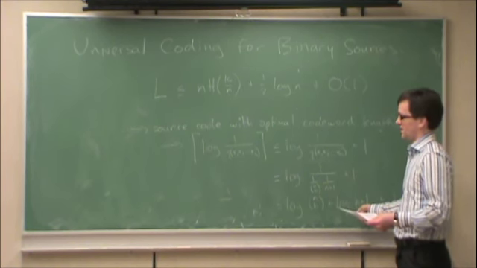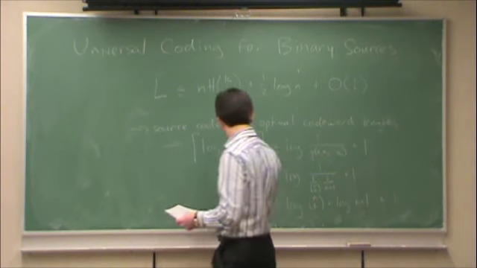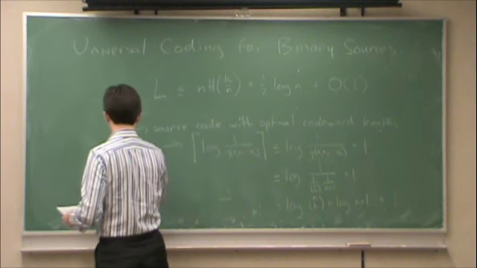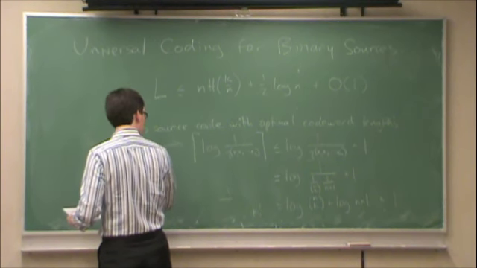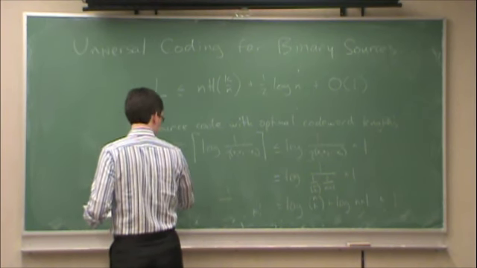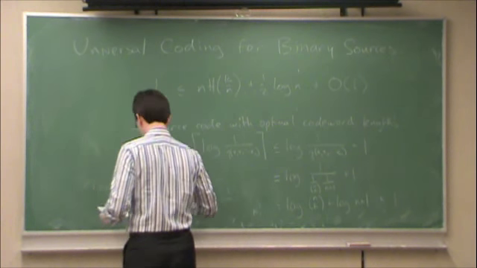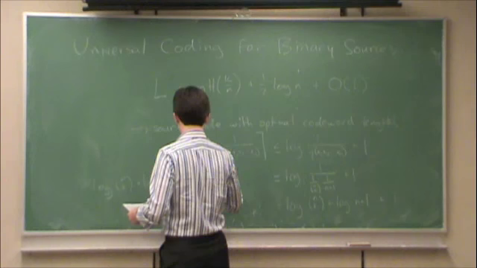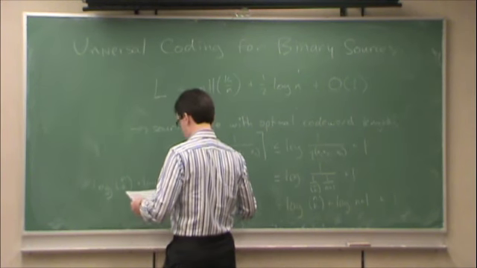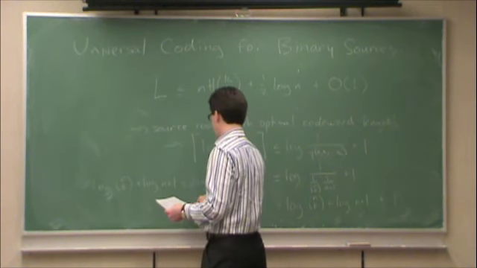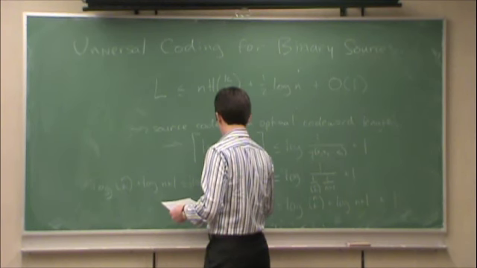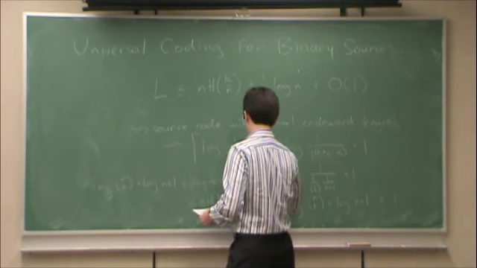Yeah, so just now I showed that log n choose k plus log n plus 1 is less than or equal to 1/2 log n plus n H k over n plus some funny terms that were order 1.